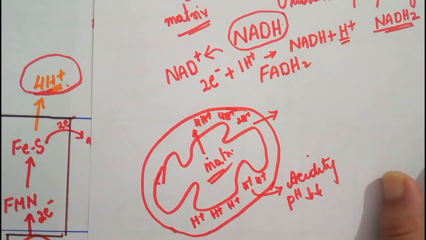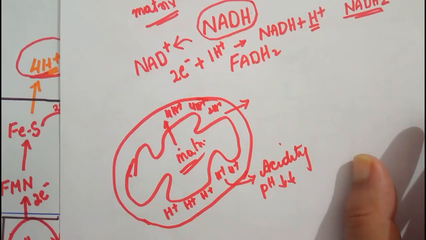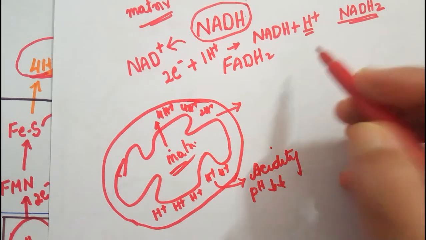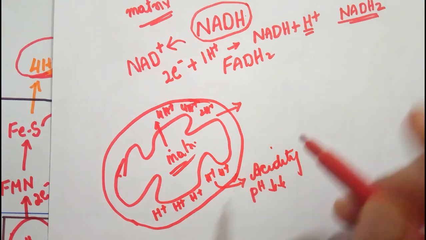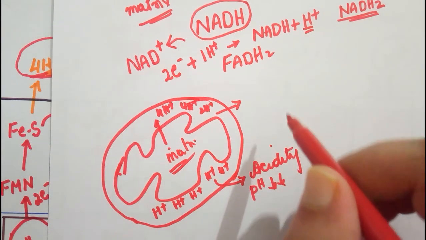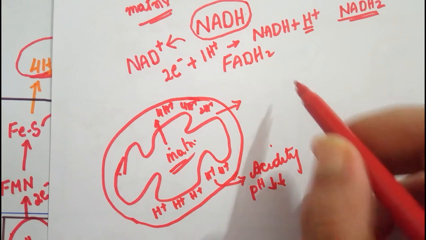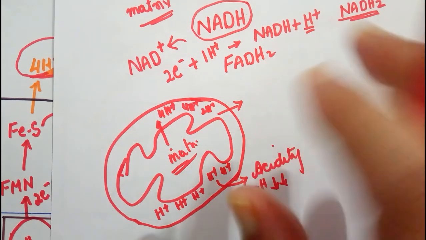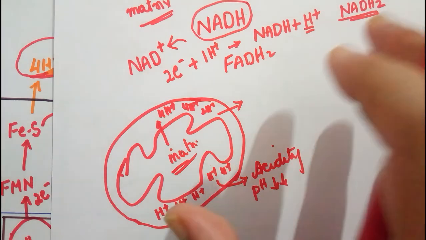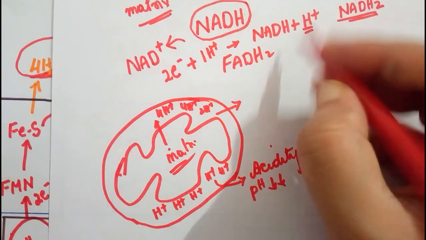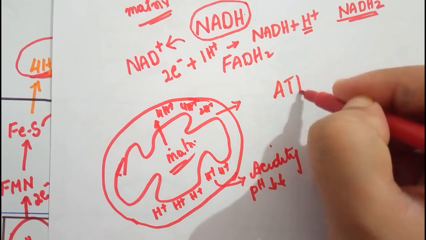Now what is the use of creating this difference or gradient? That we will see in the next video, electron transport chain 2, where we will see how this proton gradient is going to help us in generating ATP. This is the main drama here.